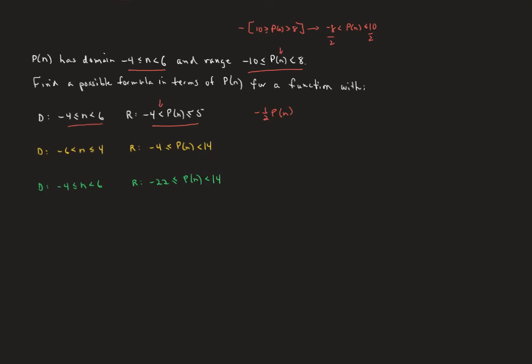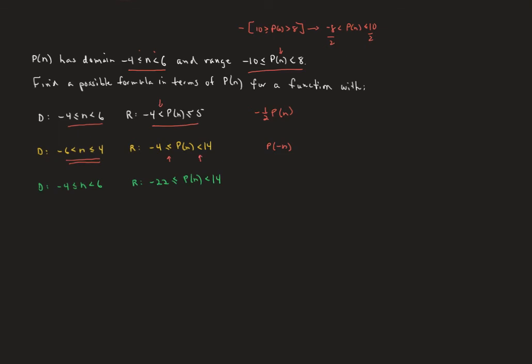Now, the next one, the yellow function, now we've got the domain switched. And so that means we must be getting p of -n. So we're multiplying the x values by -1 to change that domain to -1 times what it was. Now the y values, we haven't switched the order of these. We still have the or equal to first.